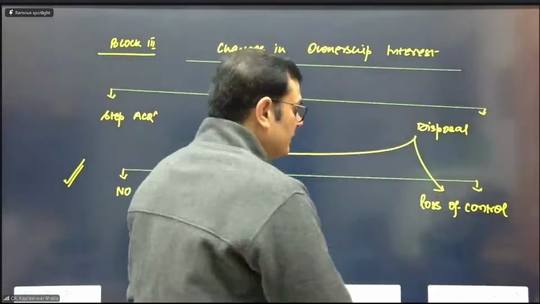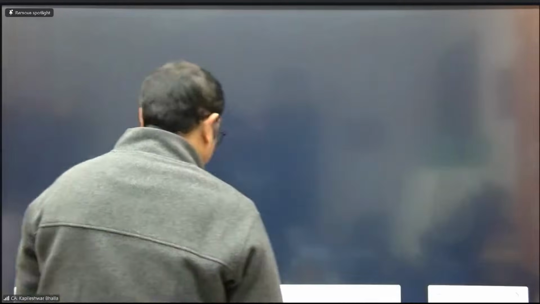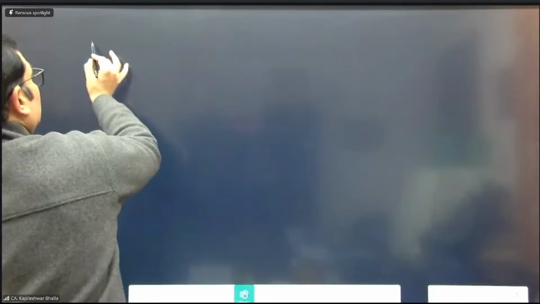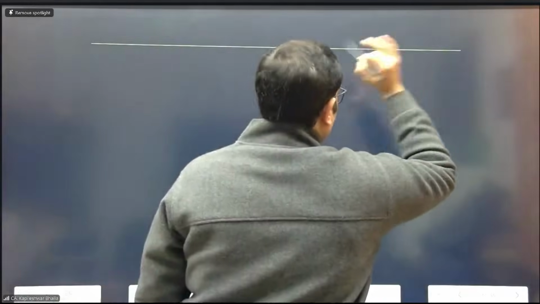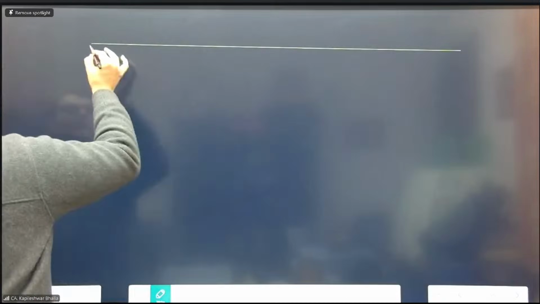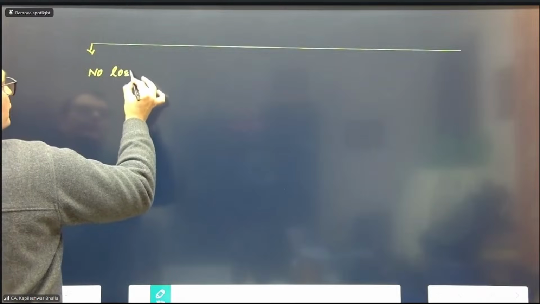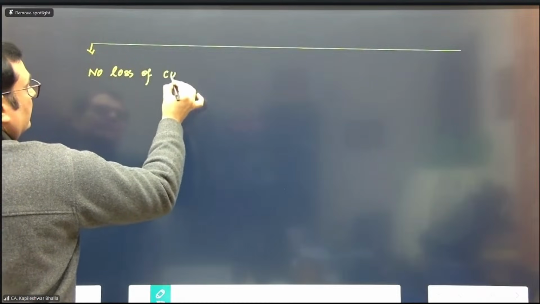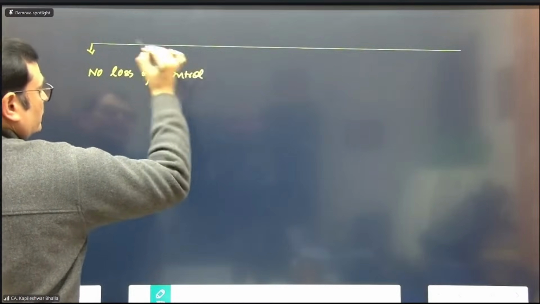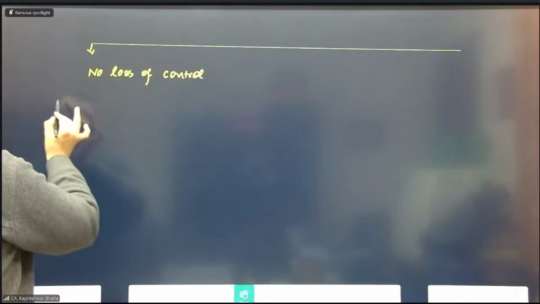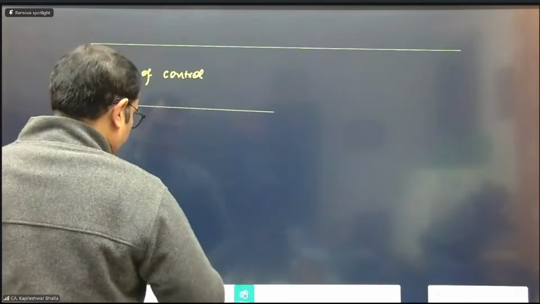So let me give you some broader permutations and combinations. We're looking at one case where there is no loss of control. When there is no loss of control, I would say there can be 2 permutations.